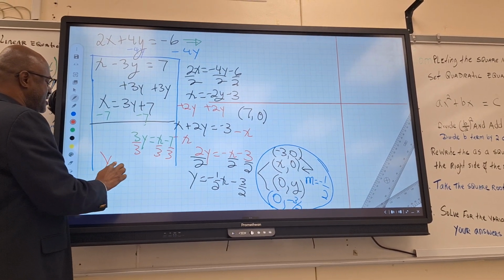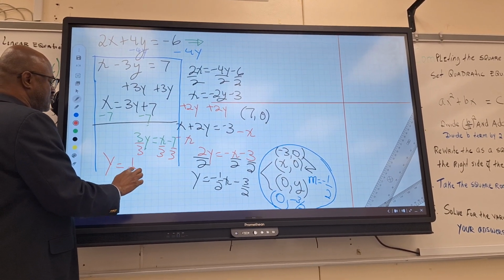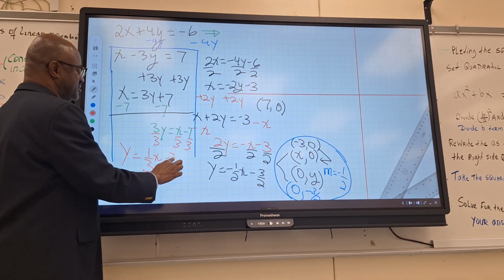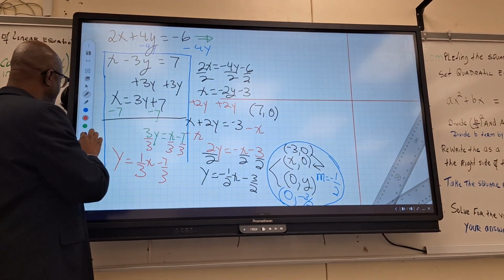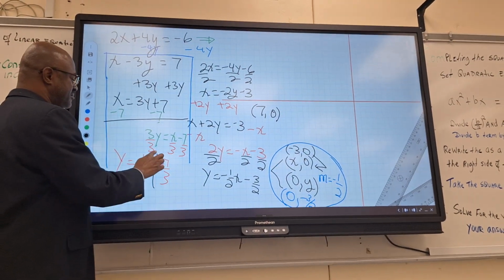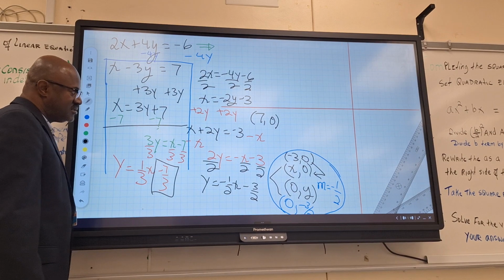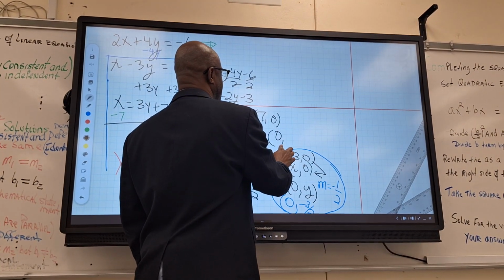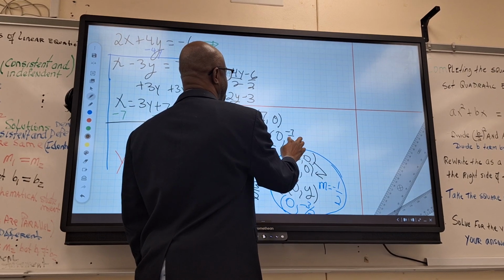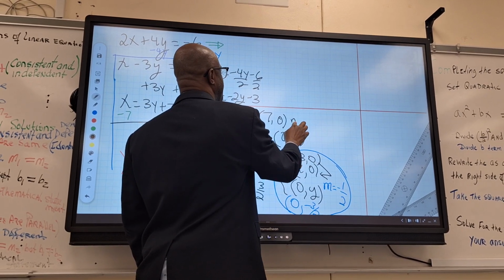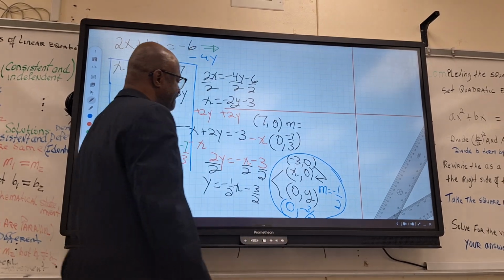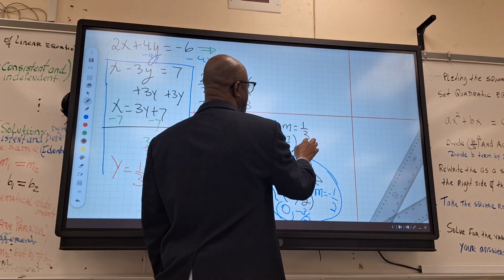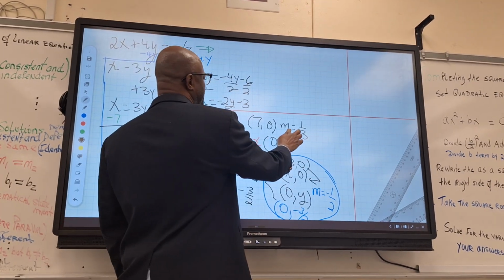And you will have y equal 1/3 x minus 7/3. Then what is my y-intercept? That will be 0, comma, negative 7/3. And in this case, what is m? M is 1/3.